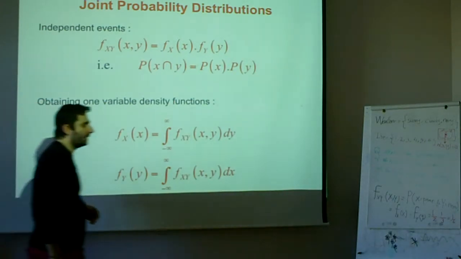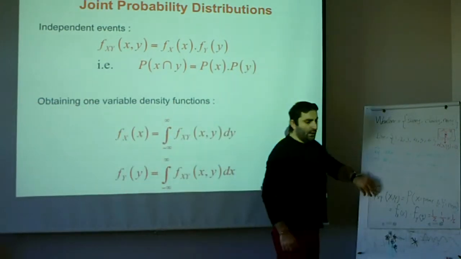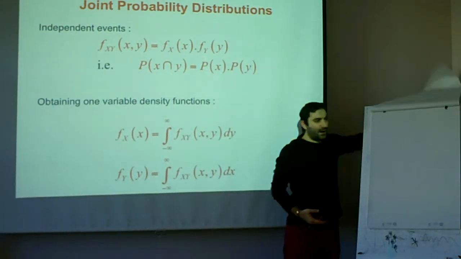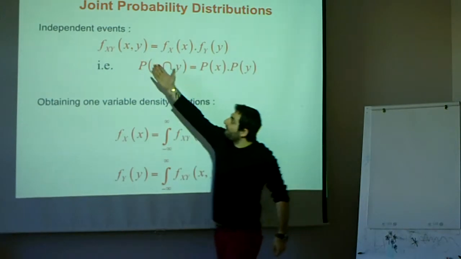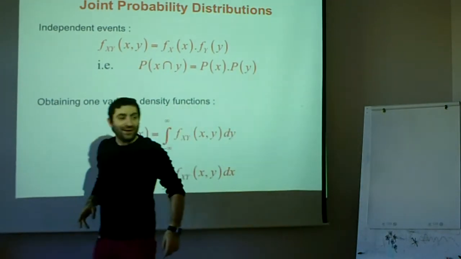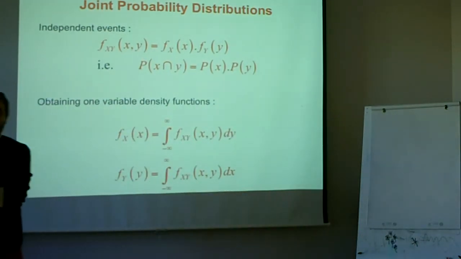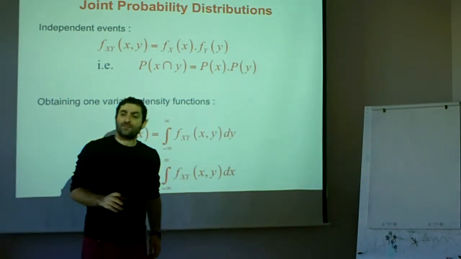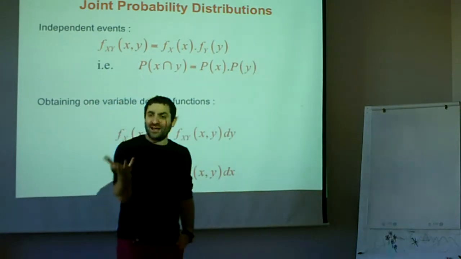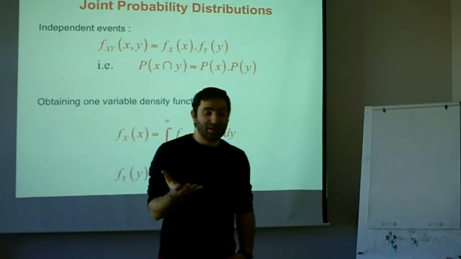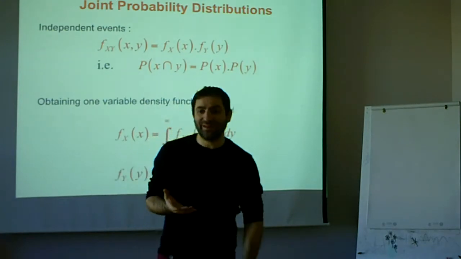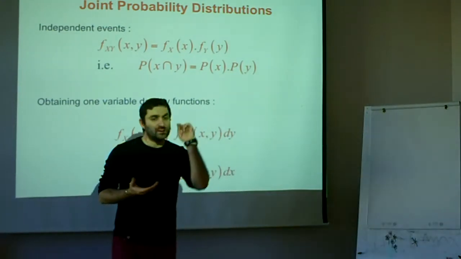Now, I have a joint function, f of x and y, right? I have f of x and y. I know that if they are independent, it's a multiplication of f of x and f of y. But the question is, in a joint event, I have f of x and y, but I want to know what is only f of x, or what is only f of y.